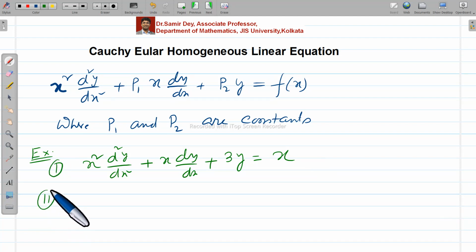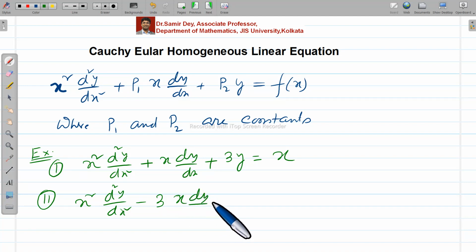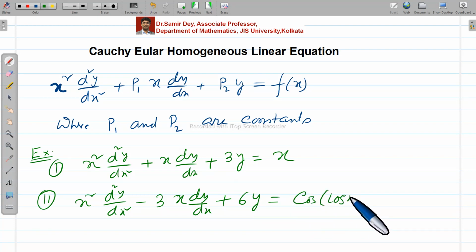Another example you may consider: x square d square y dx square minus 3x dy dx plus 6y is equal to cos of log x. These are the examples.